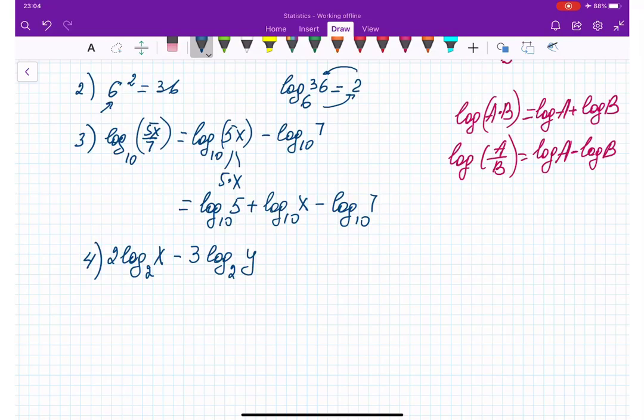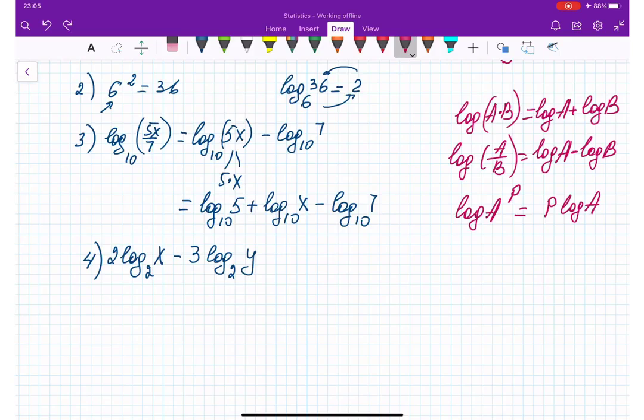Okay, let me add here the next property, of power. So logarithm a to power p is equal p times logarithm a, which means the power comes in front, right?